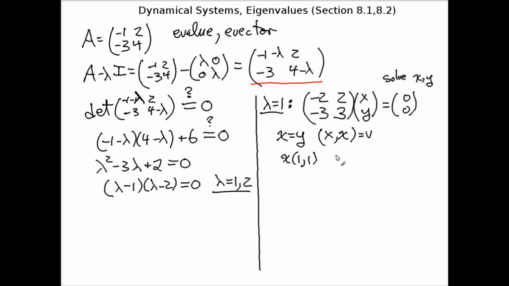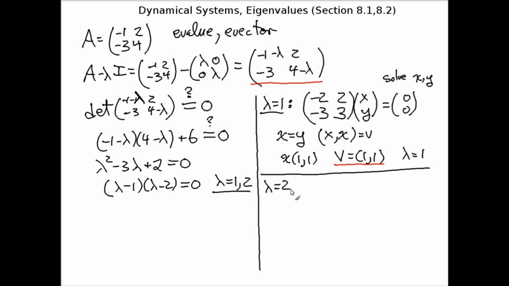And so you can take for your first vector the vector 1, 1, but you can take any multiple of that too. You can take any xx.